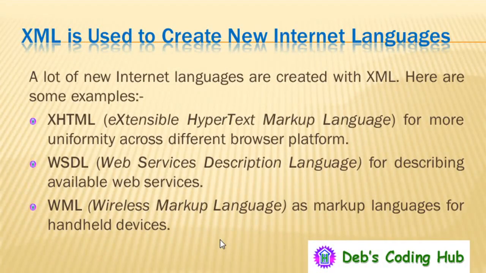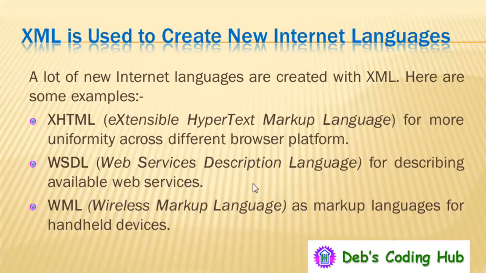XML is also known as a meta language. The term meta language means a language using which other languages can be created. So a lot of new internet languages are created with XML. Here are some examples. XHTML, Extensible Hypertext Markup Language, is used for uniformity across different browser platforms.